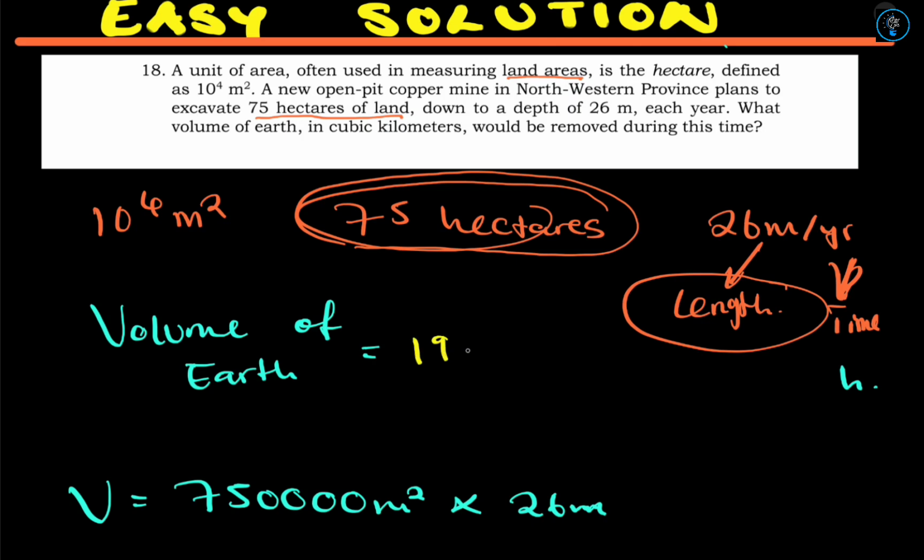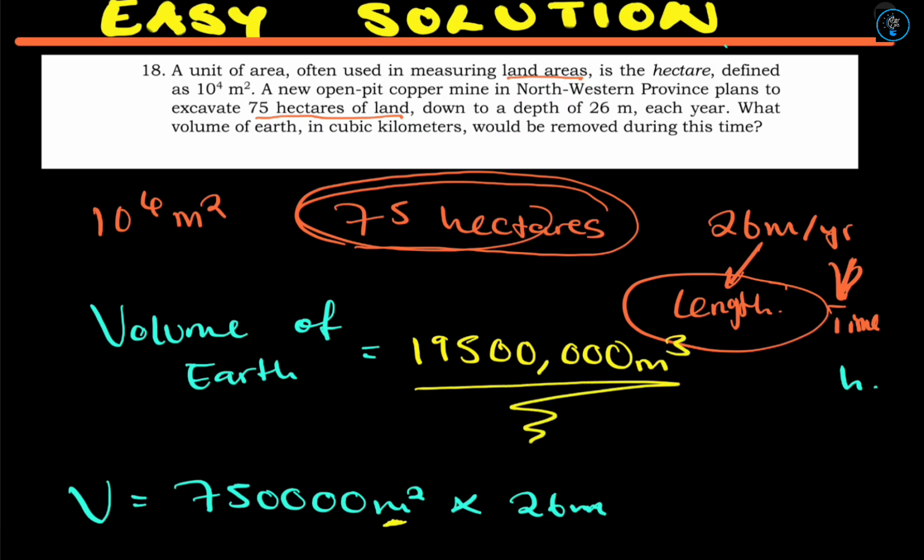We're going to get a volume of 500,000. Yeah. Meters, this time, since meter squared will be multiplied by meter, we're going to get our unit of volume that side. Okay, so this must be your answer for this particular question.